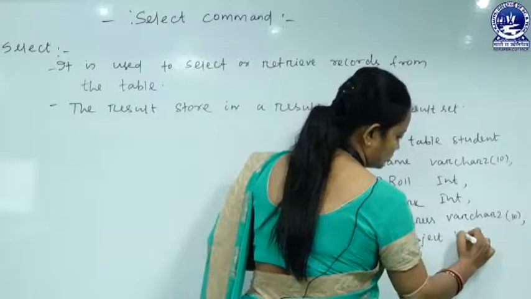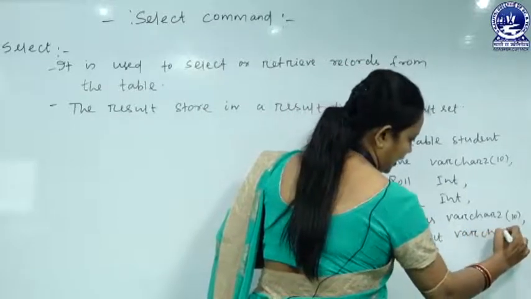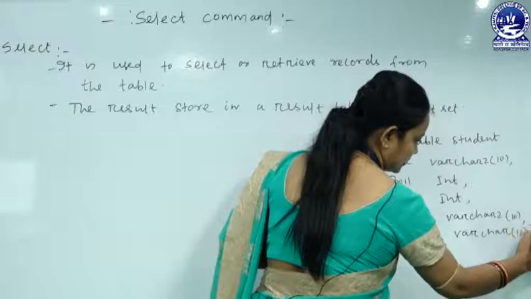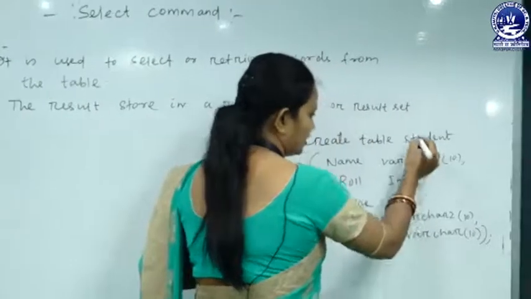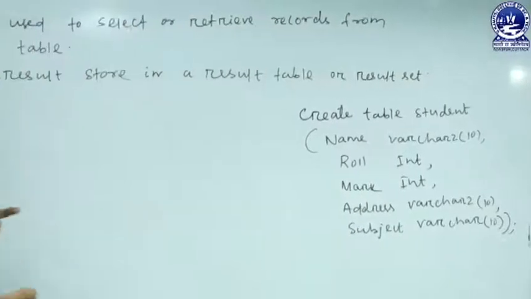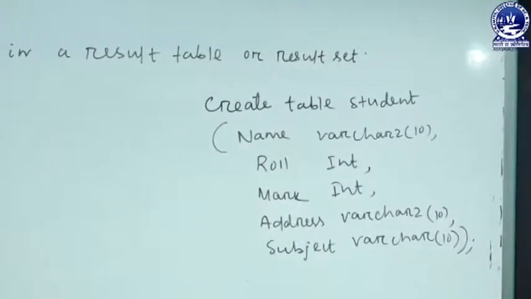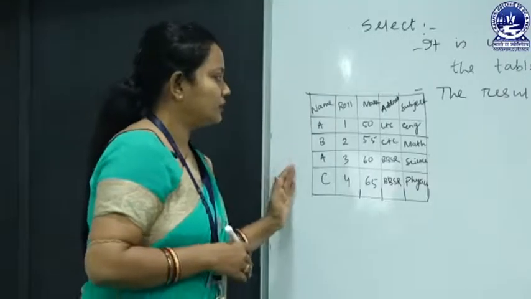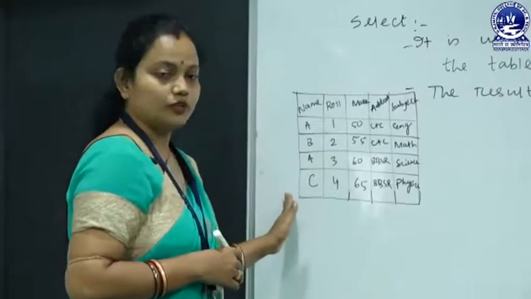Okay, that is also varchar type. After executing this create command, it will create the table named student having these attributes, that is name, role, mark, address and subject. Suppose this is the table and these are the tuples of the table.